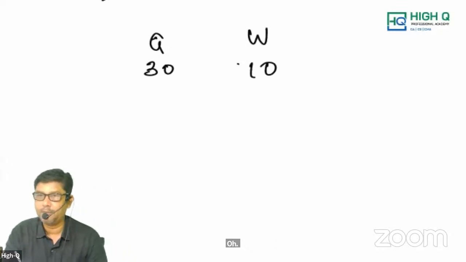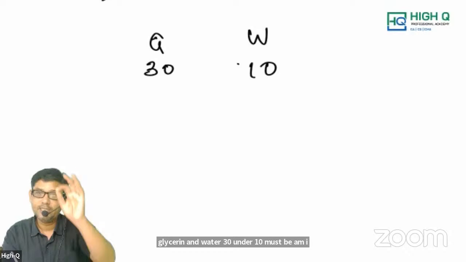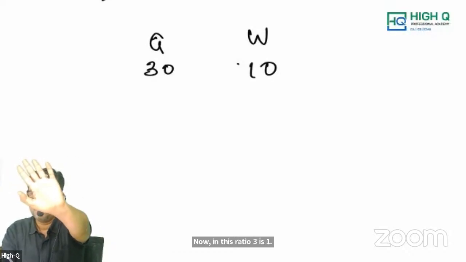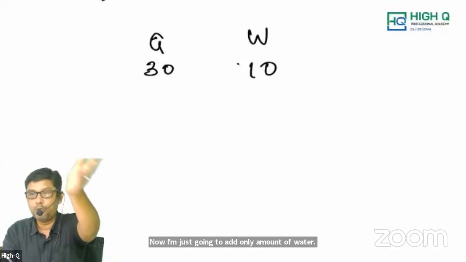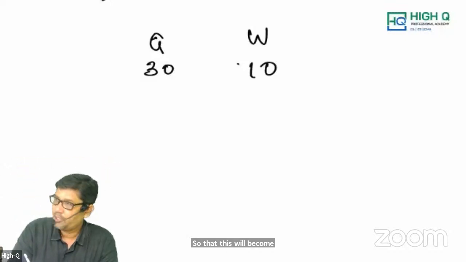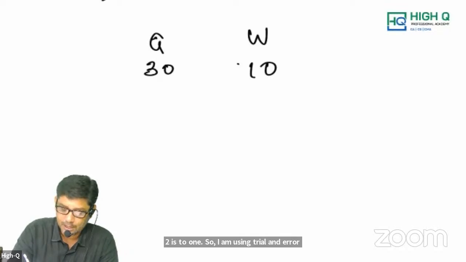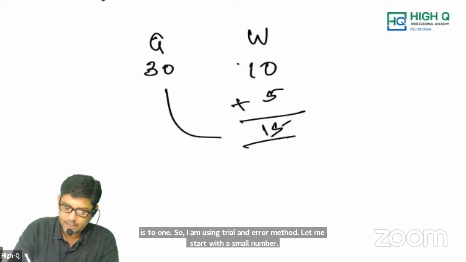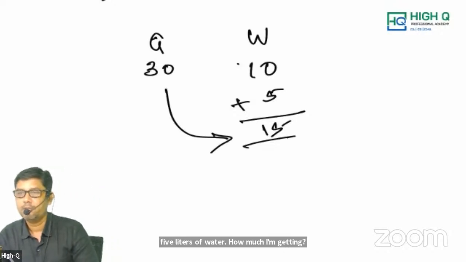Am I right, my dear? Now, I'm just going to add only an amount of water so that this will become 2:1. So I'm using the trial and error method. Let me start with a small number. 5 liters of water. How much am I getting? 15. What is the ratio between 30 and 15? 2:1. Answer is over.